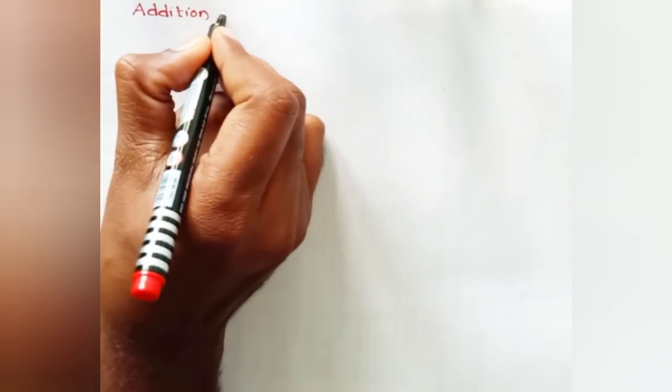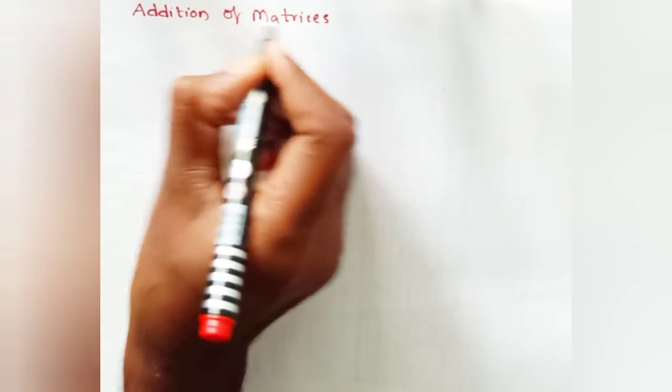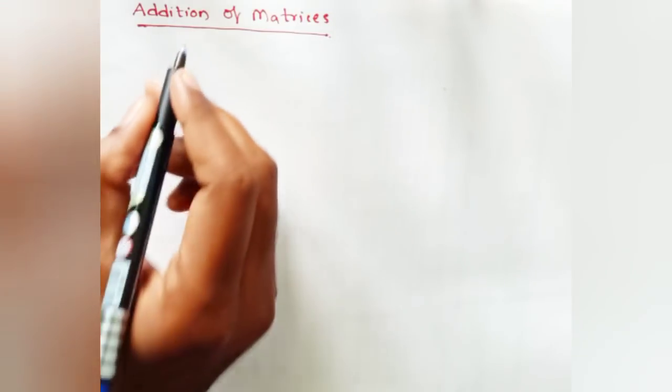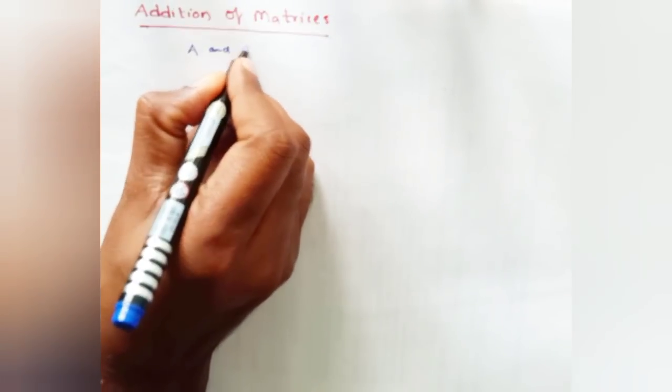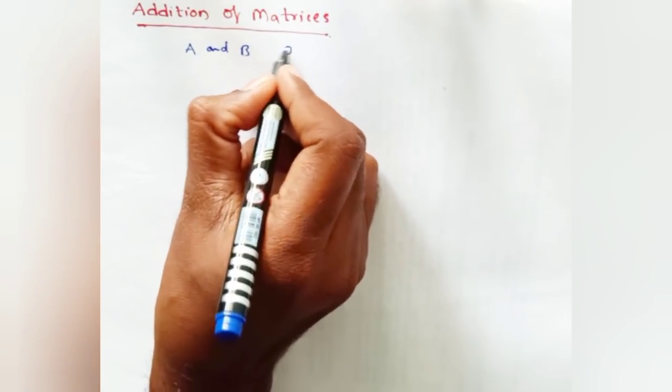Next, addition of matrices. We know how to add the numbers in the number system. Now we need to apply the same operation, addition, for matrices. So let us consider A and B to be two matrices of the same order.